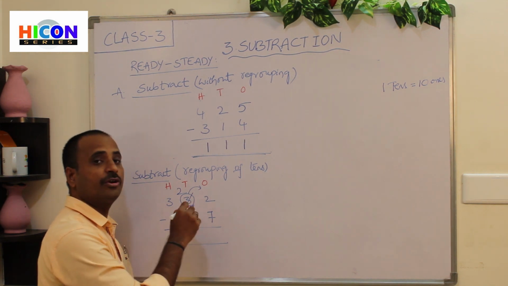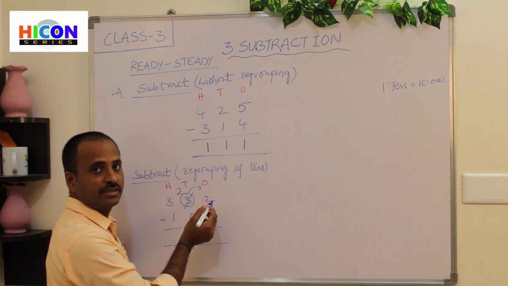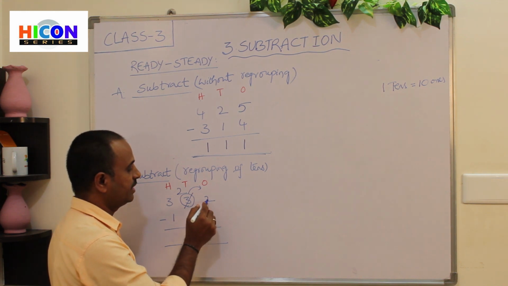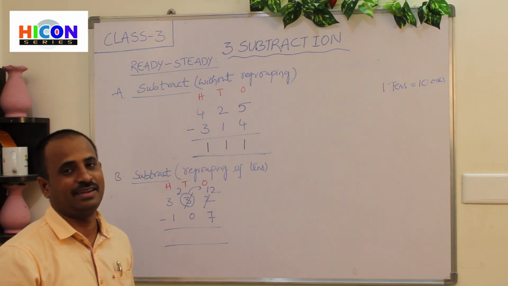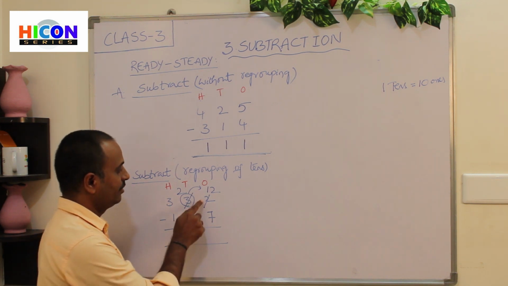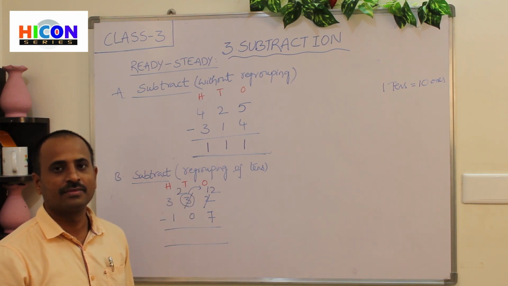So already there are 2 ones. So if we carry these 10 ones, then it becomes 12 ones. So just add 10 or just write 1 before the number present on the ones place.